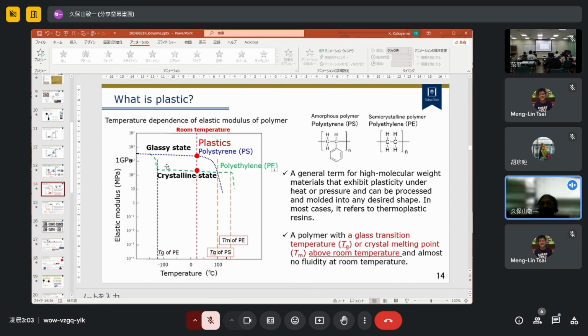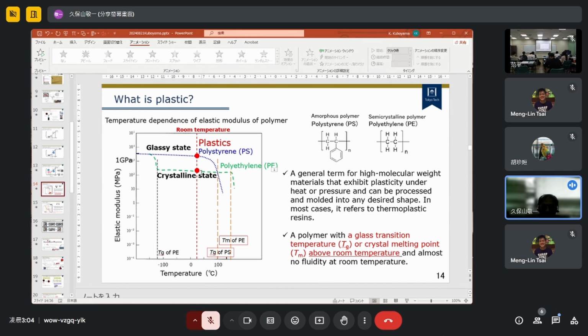Of course, this one contains an amorphous part and a crystallized part. The amorphous part is softened around this point, so the elastic modulus decreases, but almost all of the PE is crystallized. So the elastic modulus still keeps a high value at room temperature.